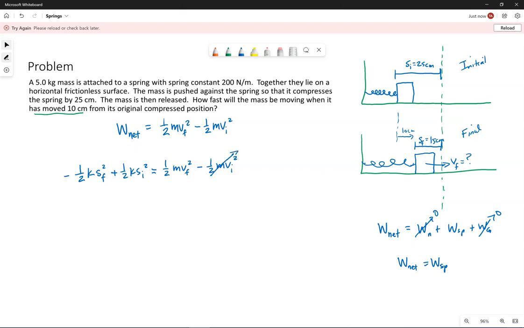V initial is still going to be 0, because we just push the mass to the side and release it. But this time we do have an S initial and an S final. So we can't take one of those to 0. We can cancel out the 1/2.